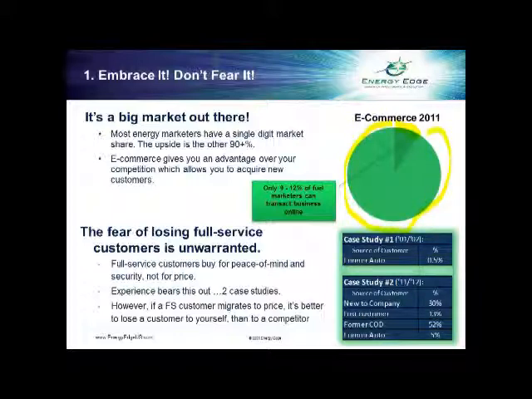The second point about embrace it, don't fear it, is many times companies have the fear that they're going to lose their full-service customers to online if they start to sell fuel online. The fact of the matter is that doesn't happen, and that fear is unwarranted. Matter of fact, we have a couple of case studies and loads of anecdotal information to support that.